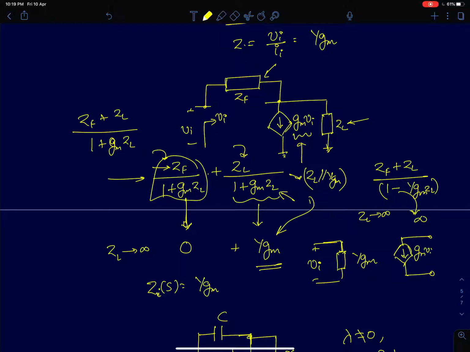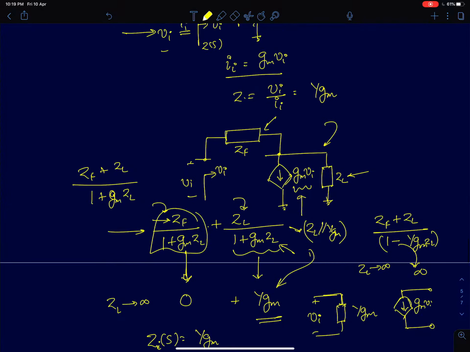Now as far as the output port is concerned, I can represent the current source GMVi as a voltage source and resistance in parallel, or at this node I can see what the impedance is, and that is going to be ZF plus ZL by 1 minus 1 by GM ZL.